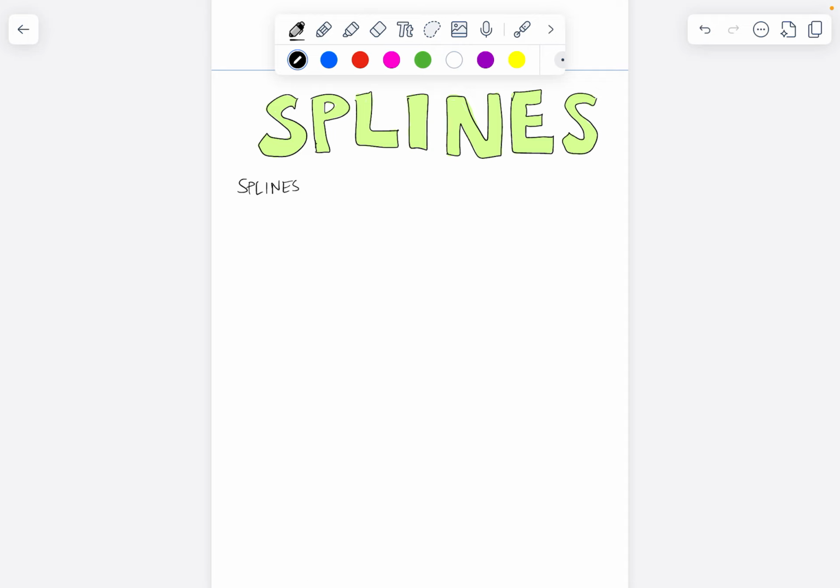Splines are formed by contouring the outside of a shaft and the inside of a hub.